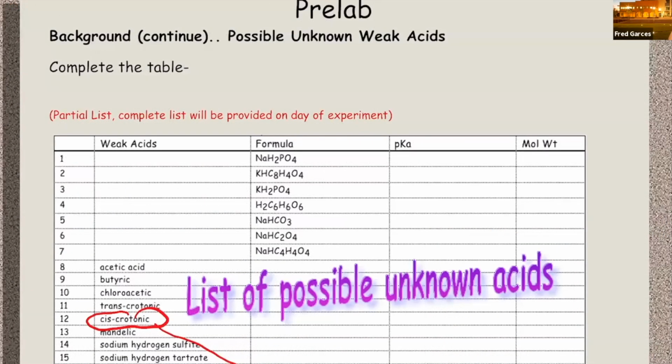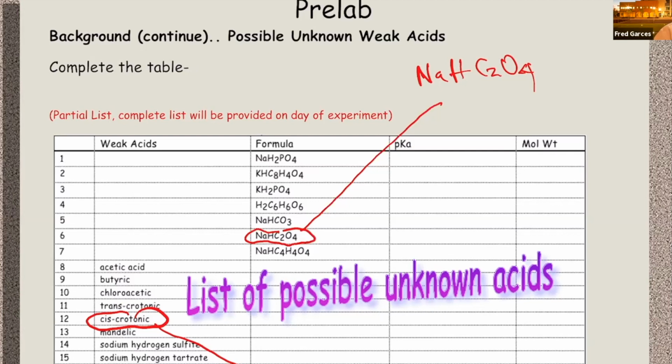Suppose you are given this particular salt, sodium hydrogen oxalate, NaHC2O4. Okay, suppose you're given that salt, or you're trying to find the Ka for that.